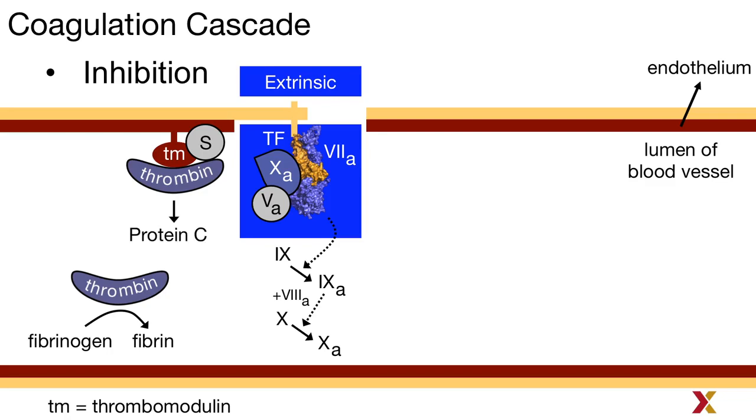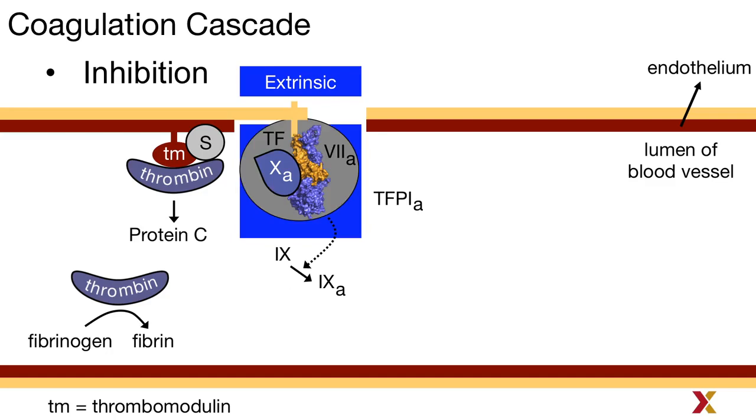The ternary complex triggers the activation of protein C, a protease that degrades factor 5A and 8A. The result is the inactivation of factor 9 and 10, and ultimately the coagulation cascade comes to a stop.